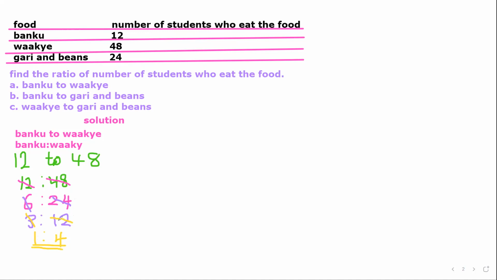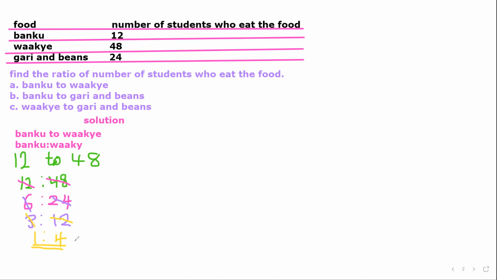Now, the ratio of the number of students who eat Banku to Wache is 1 to 4. So which means that out of 5 students, only 1 person eats Banku and 4 eat Wache.